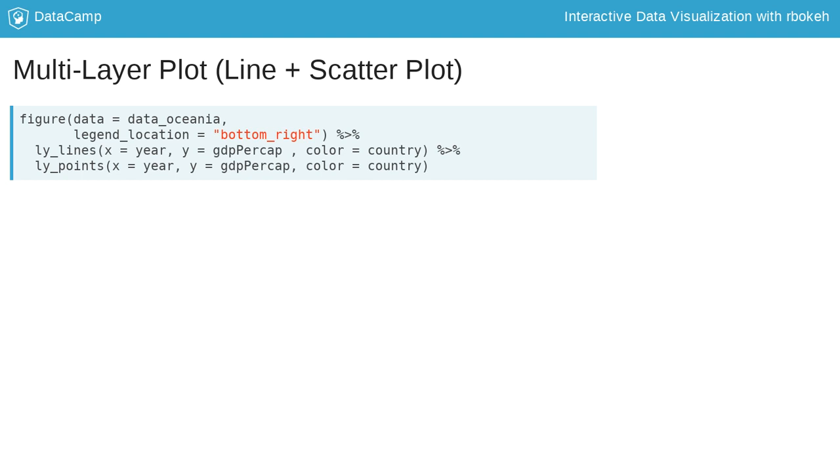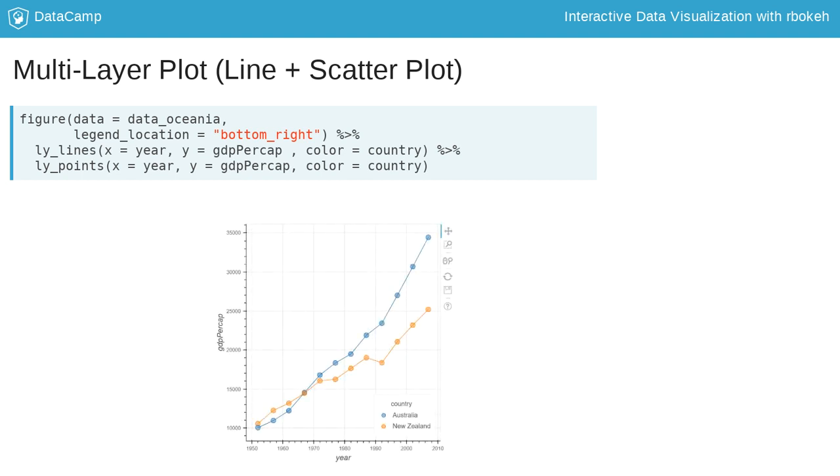To add markers, you can add a points layer by using the pipe operator and adding ly_points with similar arguments. Notice that the legend location is specified as bottom right to change the default legend position. This is one of the figure attributes, and you will learn more about them in chapter 2.